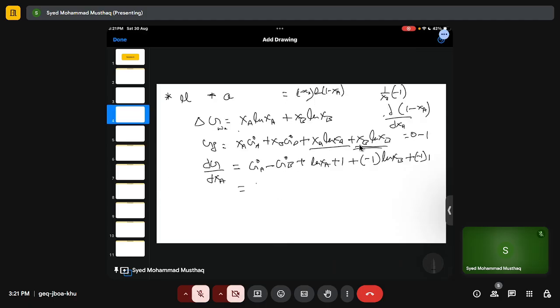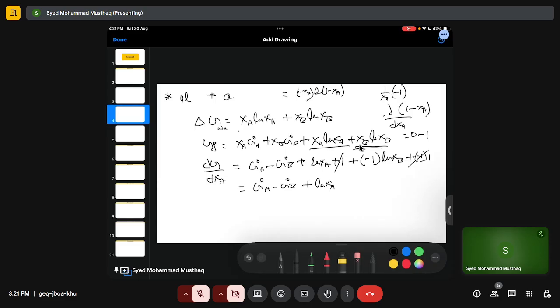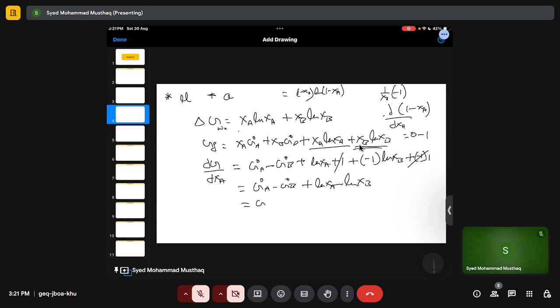So that's why we have G naught A minus G naught B, ln XA, this plus 1 minus 1 will get cancelled, and then I have minus ln XB. So I will group these terms, not literal grouping, okay?